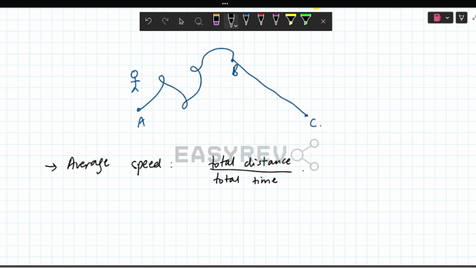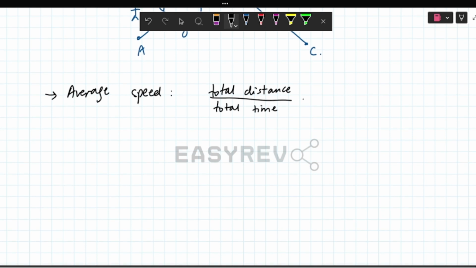So, we have presented all of our fundamental definitions, and now we wish to understand them better through a simple theory question.